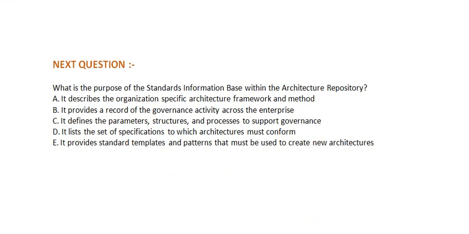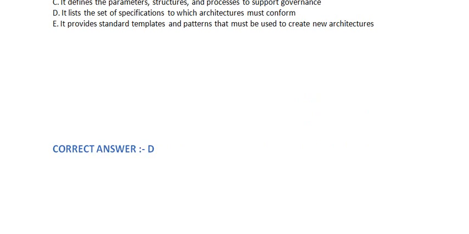Option C, it defines the parameter structures and processes to support governance. Option D, it lists the set of specifications to which architectures must conform. And option E, it provides standard templates and patterns that must be able to create new architectures. The correct answer is option D.